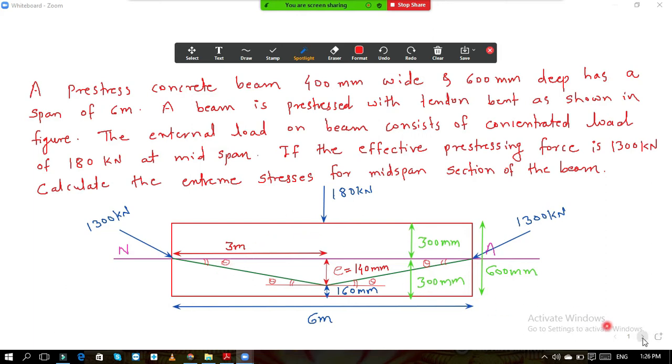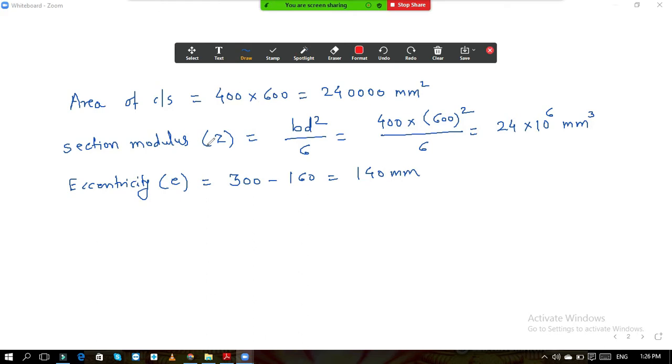Here, tan theta is equal to 140 divided by 3000. Since theta tends to 0, sin theta is equal to tan theta.